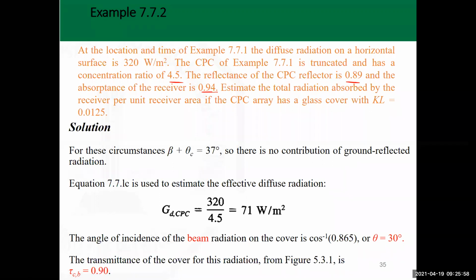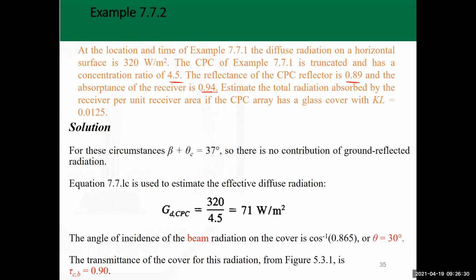Accordingly, the contribution that we have here is limited to beam radiation contribution and diffuse radiation contribution. Then the value of G D is used in equation 7.7.1c to estimate the effective diffuse radiation. So the diffuse radiation that's given here is 320, and the concentration ratio is 4.5.